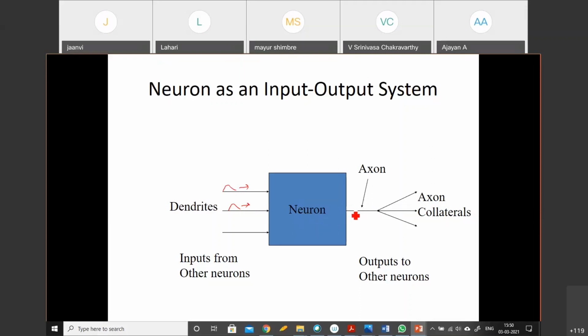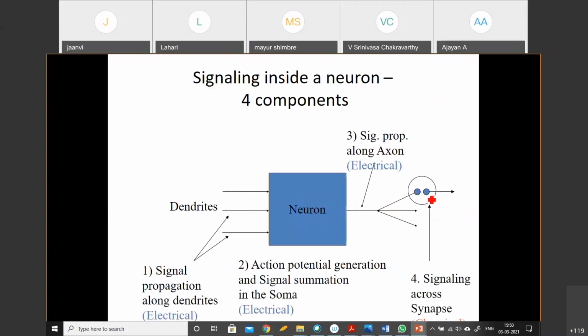That action potential is generated from the cell and propagates down the axon, goes along the axonal collaterals, and reaches the synapse. At the synapse, it makes contact with the dendrite of some other neuron, a chemical is released, and there is neurotransmission. This chemical transmission of signal is called neurotransmission. So these are the four components.